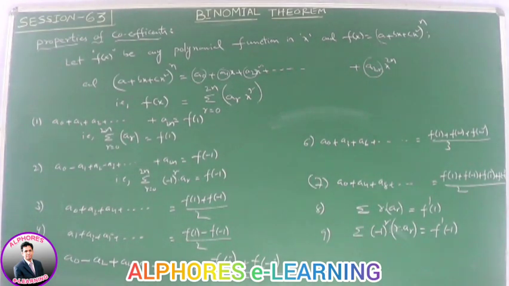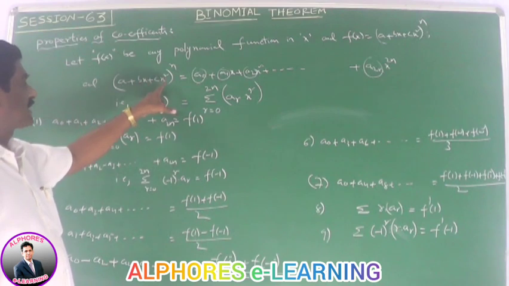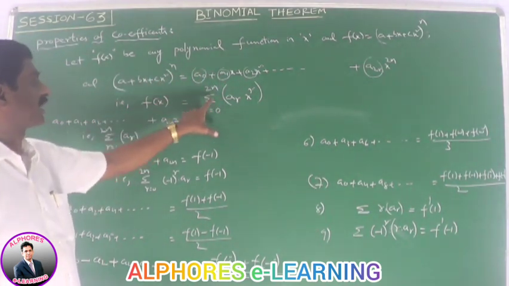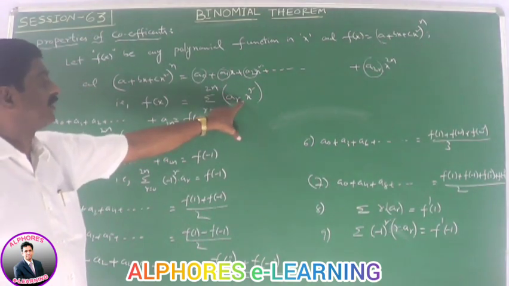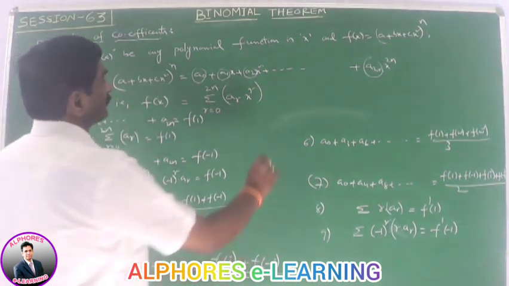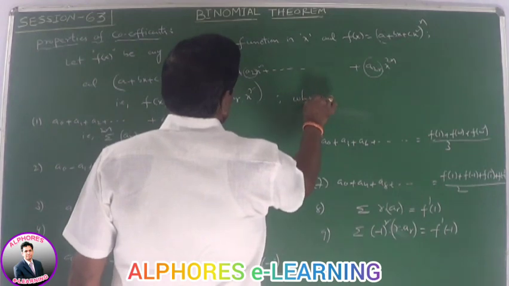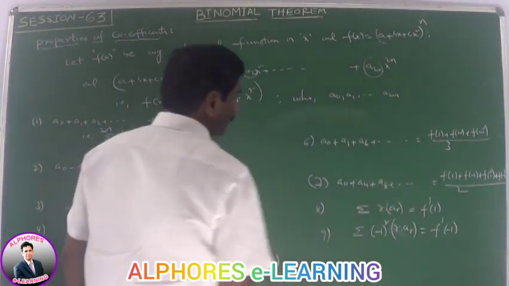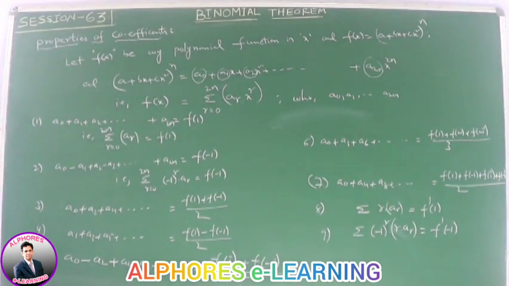Let f(x) be any polynomial function in x, and f(x) is equal to (a + bx + cx²) whole power n, which equals the sum of r from 0 to 2n of ar into x power r, where a0, a1, a2, and so on up to a_2n are the coefficients in the multinomial theorem.